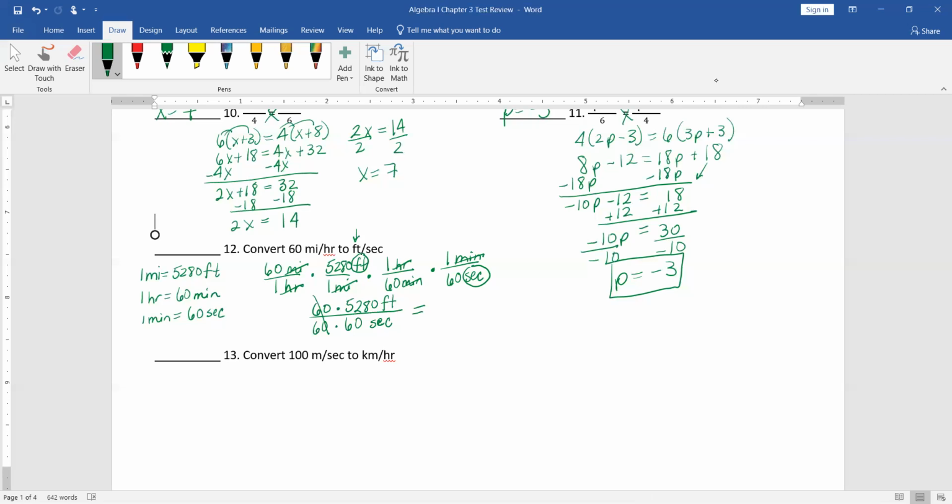If you plug that into a calculator, 5,280 feet divided by 60 gives you 88 feet per second. And that is your answer, which is kind of cool. If you're driving along going 60 miles an hour, every second you are moving 88 feet.